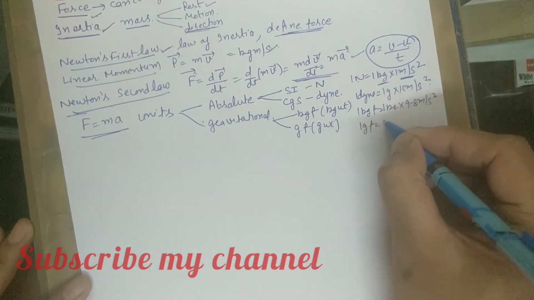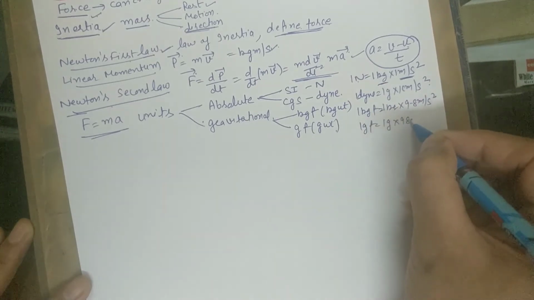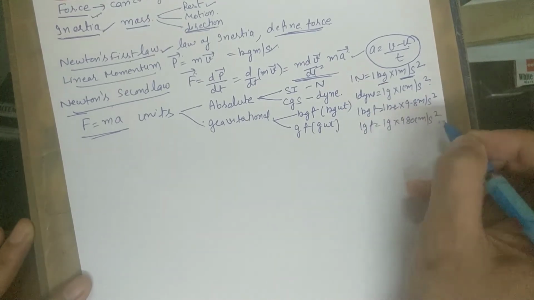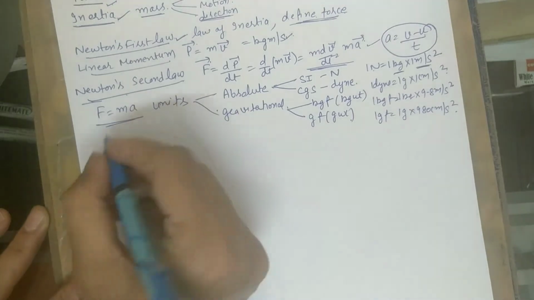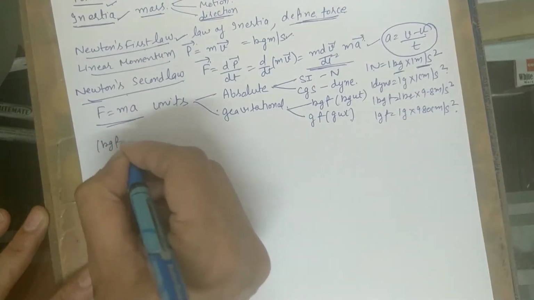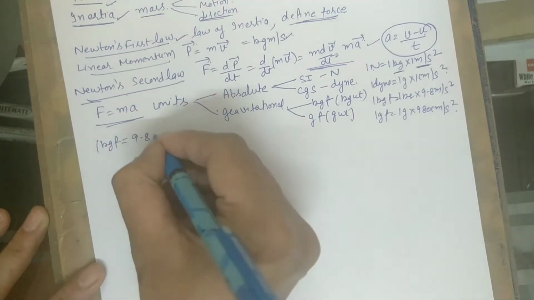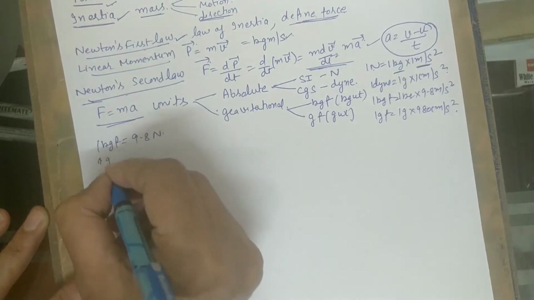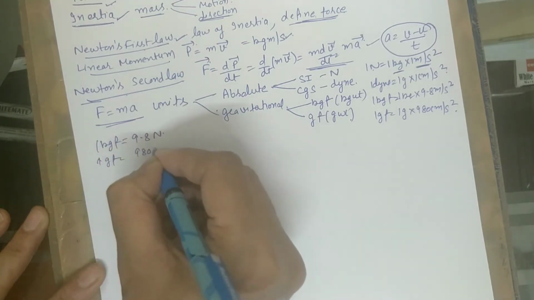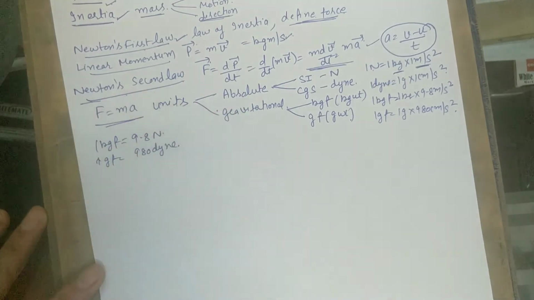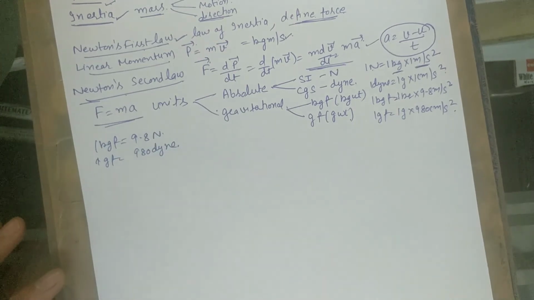Or gram force: 1 gram, 980 centimeter per second square acceleration. From this we can say 1 kilogram force is 9.8 Newton, or 1 gram force is 980 dyne. We have to convert these forces using this conversion.